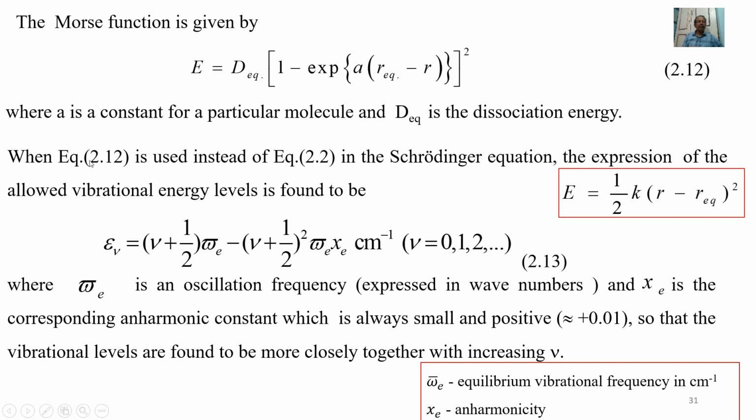When equation 2.12 is used instead of equation 2.2, which we studied for the harmonic oscillator, in the Schrödinger wave equation, the expression for the allowed vibration energy levels is found to be expression 2.13, and this is the first term and this is the second term. The second term is a contribution from the anharmonic oscillator.